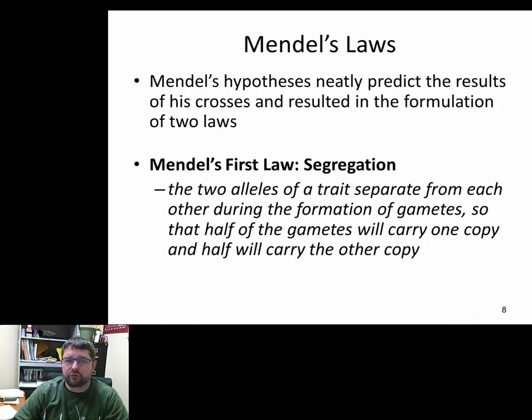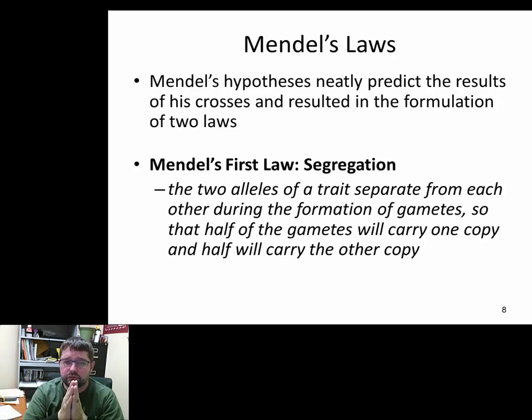And so the first one is what we call the law of segregation, and that is that alleles of separate traits are separated from each other during the formation of gametes. We already know this. Okay? And so half the gametes will carry one copy, and half the gametes will carry the other copy.